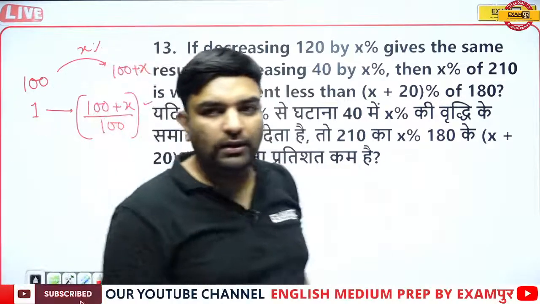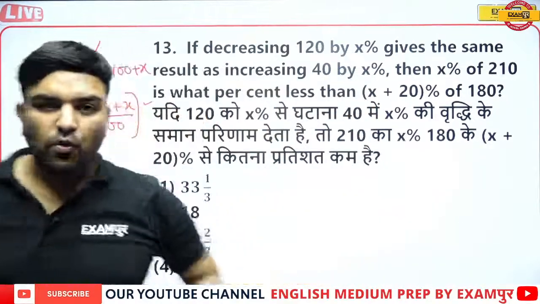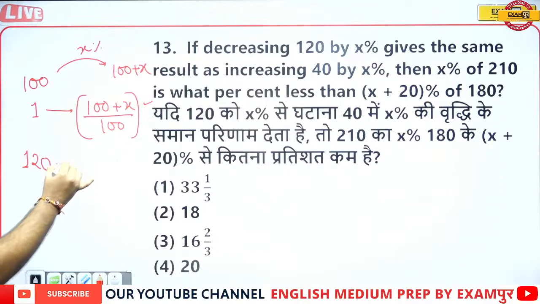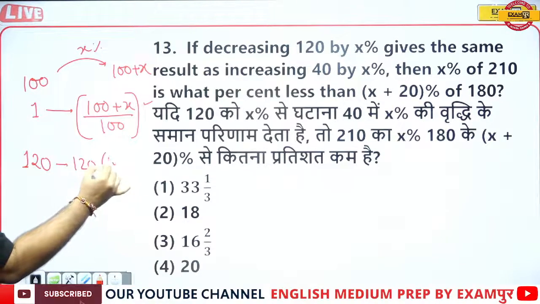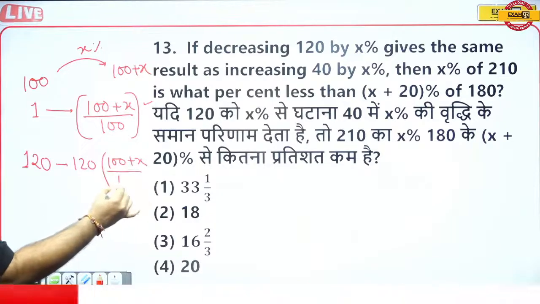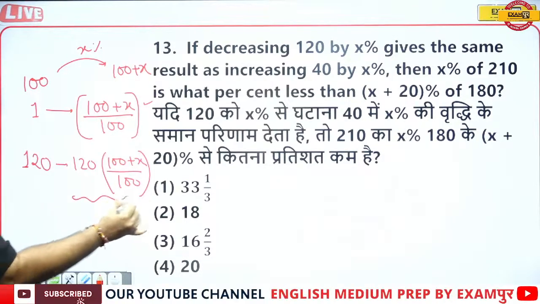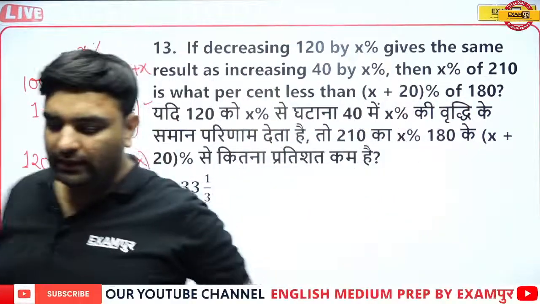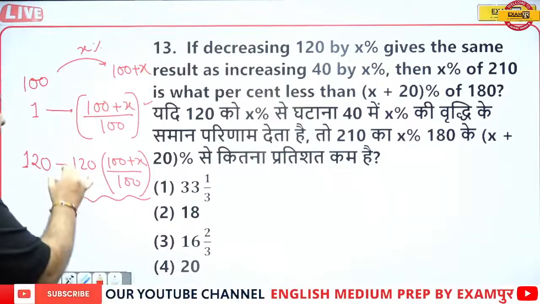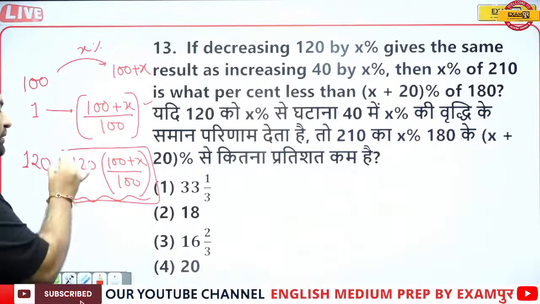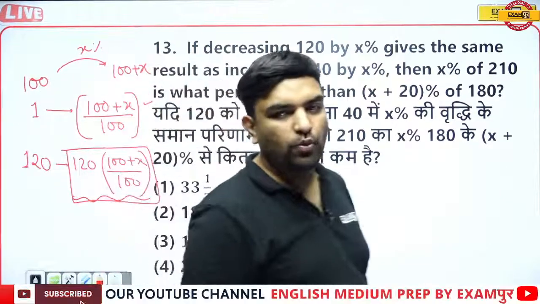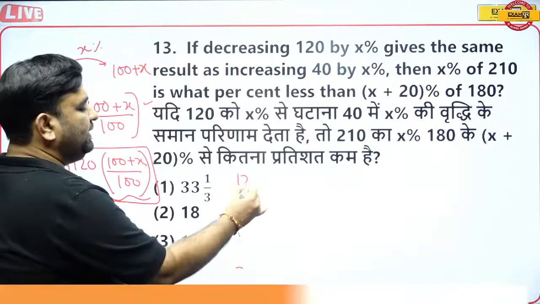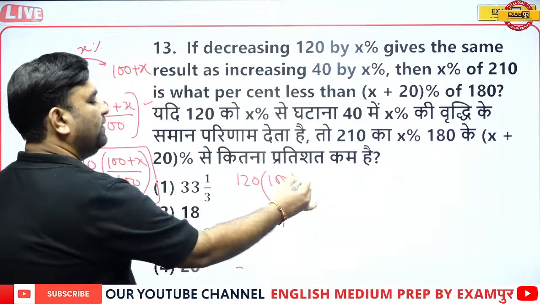So when you want to increase 120 by x percent, the 120 will become 120 into 100 plus x over 100. Is this logic clear now? The way to increase any number by x percent is multiplying that number by 100 plus x over 100.